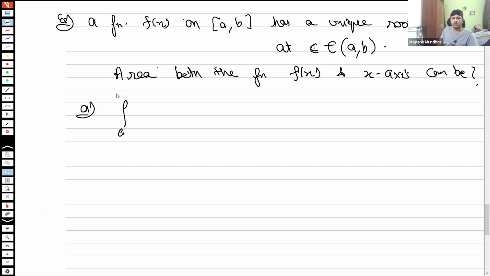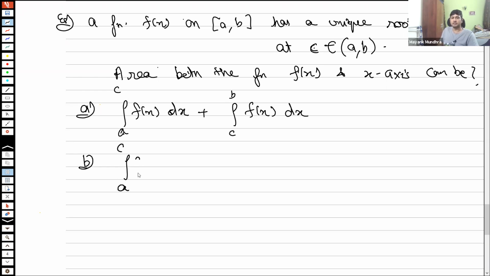Option A, integral A to B f of x dx plus integral A to C f of x dx plus integral C to B f of x dx. Option B, integral A to C f of x dx plus integral B to C f of x dx.